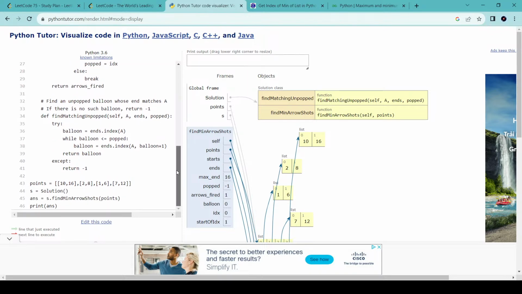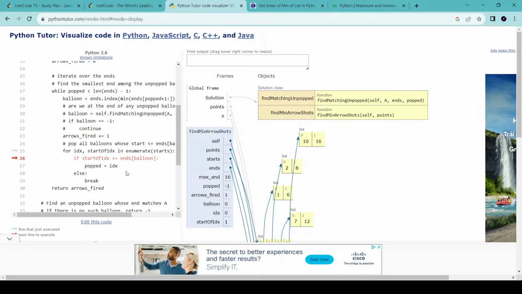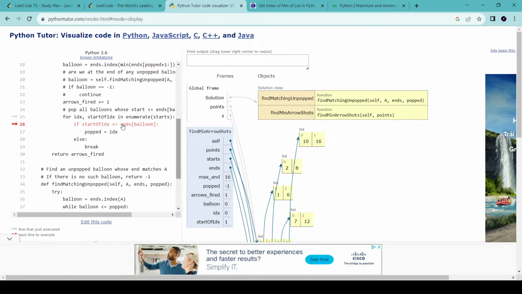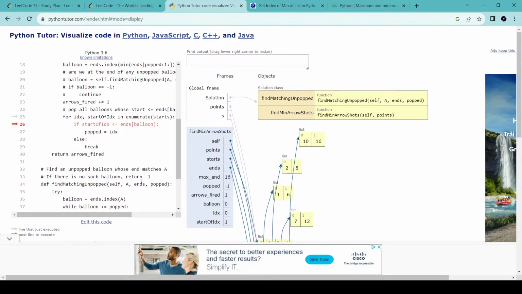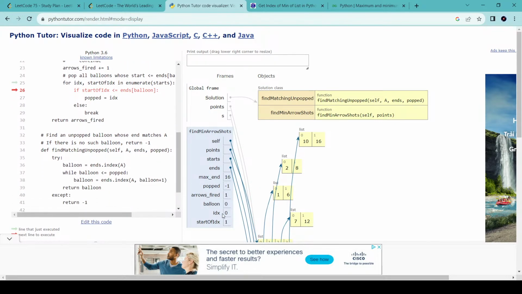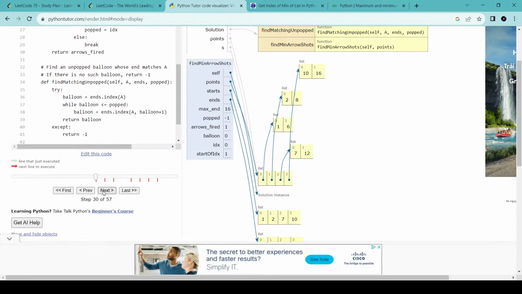Its right hand side is 6. So popped starts and stops on balloon. For balloon 0, pop should be equal to IDX, which is 0. Yes, so you should pop this balloon.